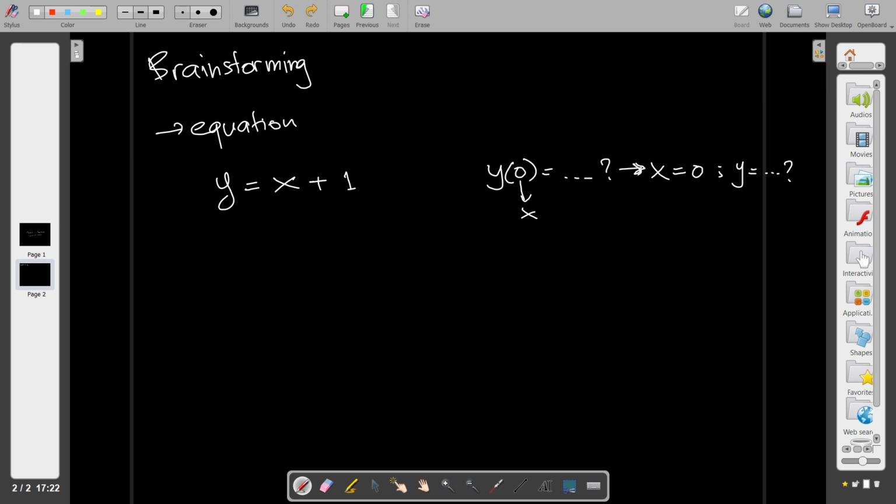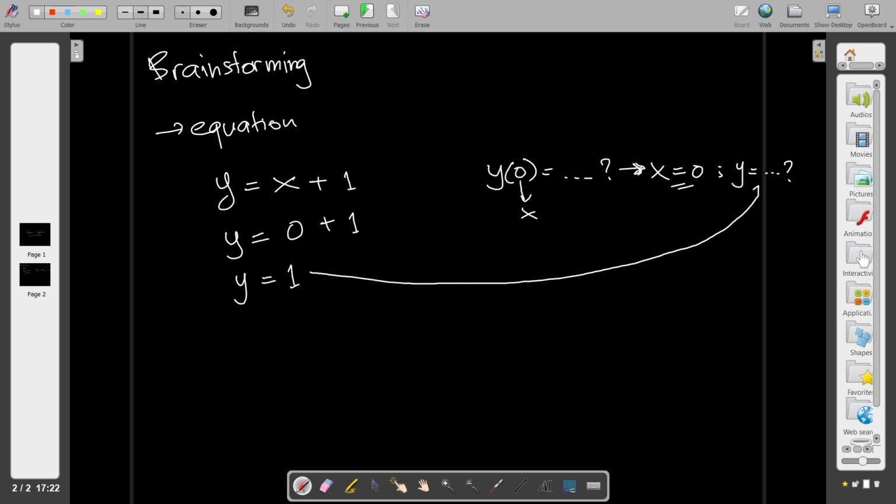So we are going to solve this equation. Okay, so the value of x is 0, so we put 0 here, and then plus 1. So this is y. Okay, so our y is 1. So we put this number 1 into this.